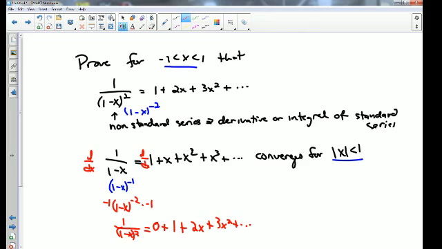And we know that there's a theorem in your book that says that the convergence doesn't change at all. It's a pretty handy tool.